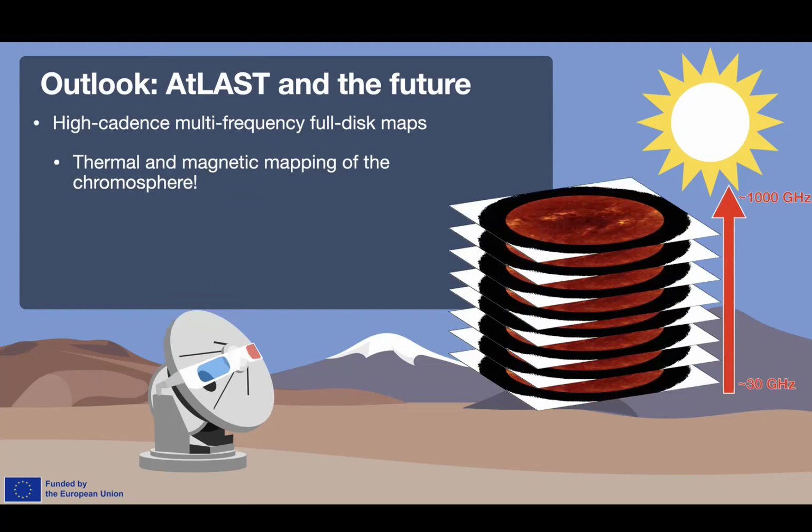And if you do that at many frequencies at the same time, you can reconstruct the thermal structure from the temperature itself, but through having polarized observations, also the magnetic structure across the chromosphere, creating detailed three-dimensional maps of the temperature and magnetic field across the chromosphere, producing data which is not produced by any current or, at least that I know of, planned millimeter solar capable facility.